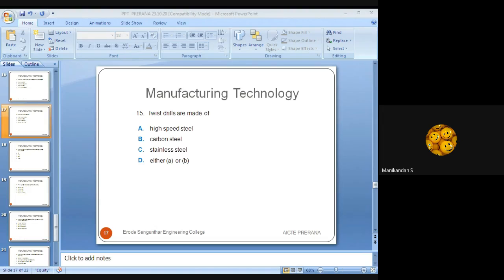So twist drills are made of high speed steels or carbon steels. So the answer is either A or B. Noted.